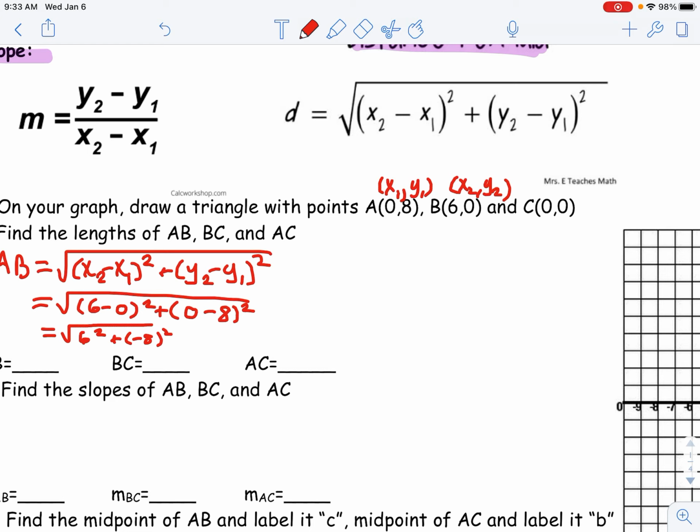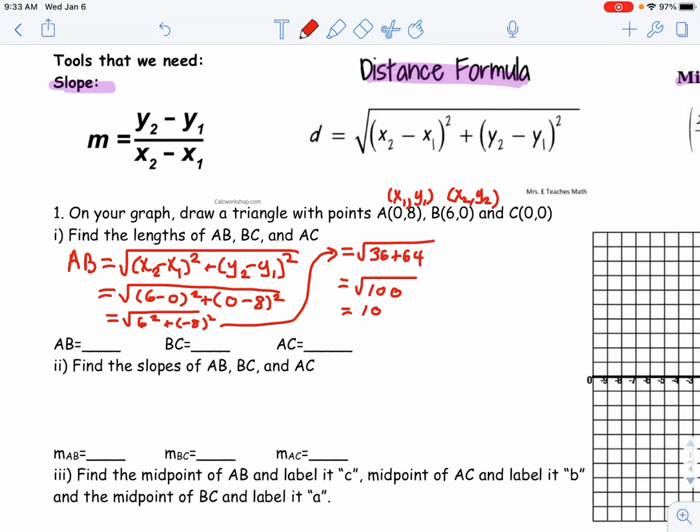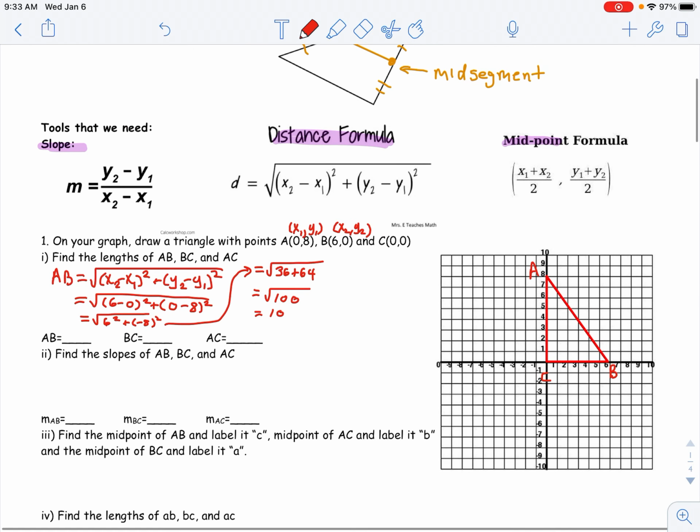So just some computations. I did parentheses. Now it's time for me to do exponents. 6 squared, 36. Negative 8 squared is negative times a negative, gives me a positive, so 64. Square root of 36 plus 64 gives me 100, and the square root of 100 is 10. So the length of AB is 10.